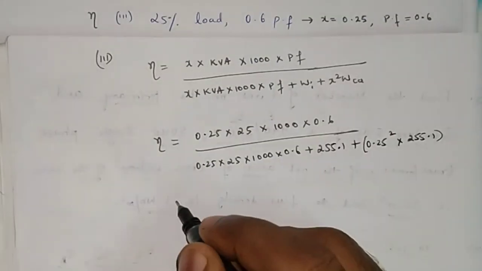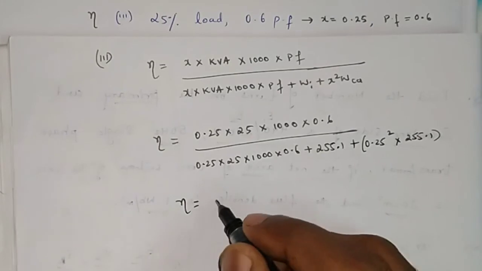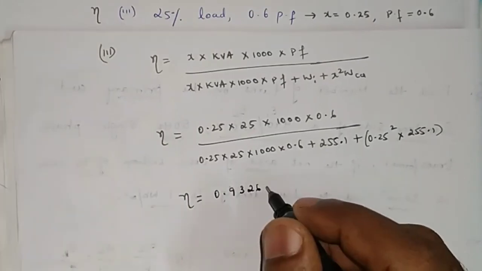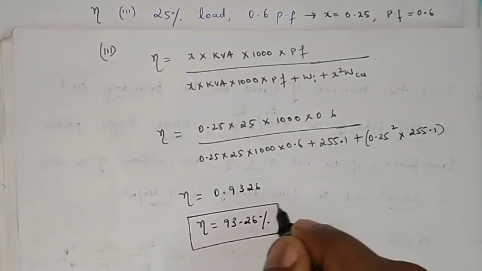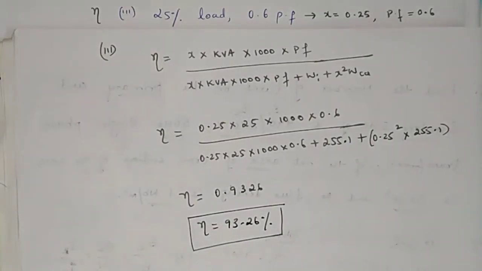Substitute all the values and simplify, you will get 0.9326. Multiply by 100, you will get 93.26%. So this is the way to find out the efficiency of a transformer.